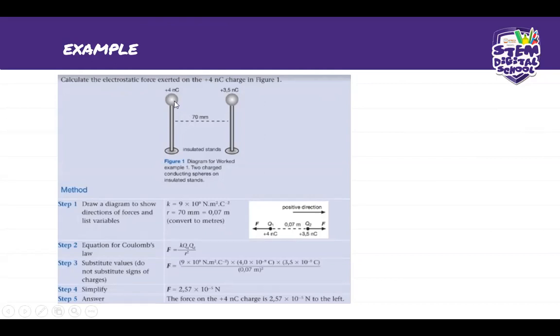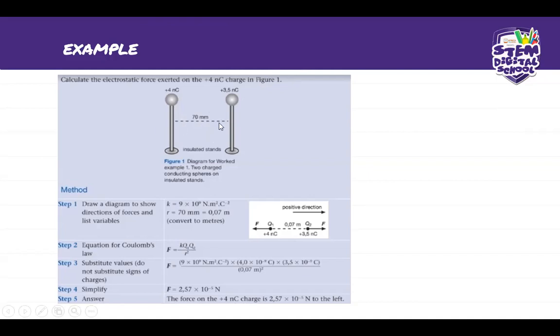So they want to know the other one is 3.5 nanocoulomb, and then the distance between the two charges is 70 millimeters. Okay, so this is an insulator stand. So this is two charged conducting spheres on an insulating stand.